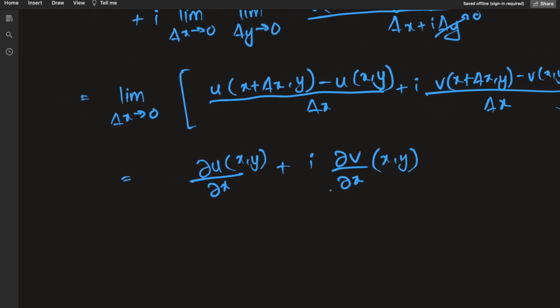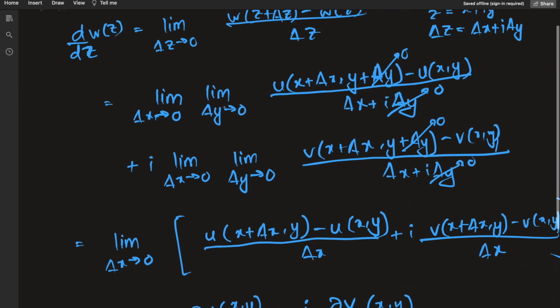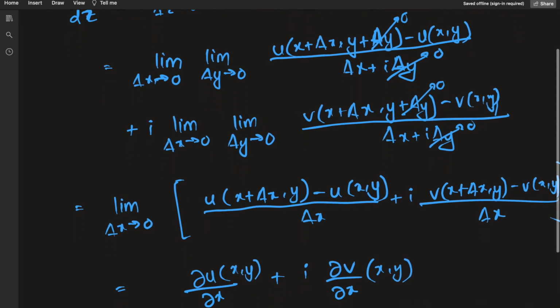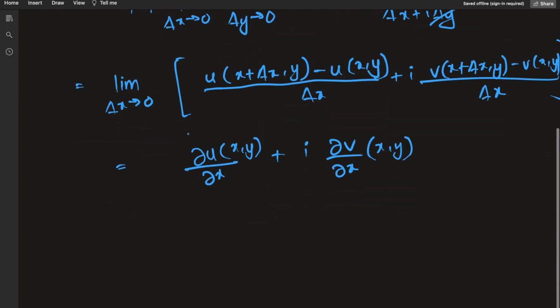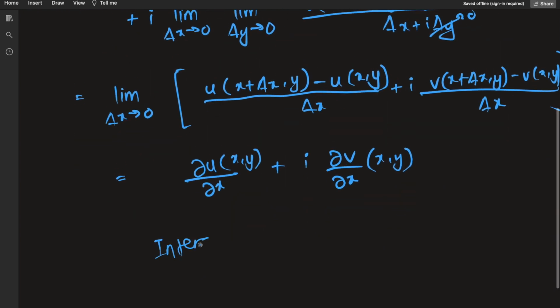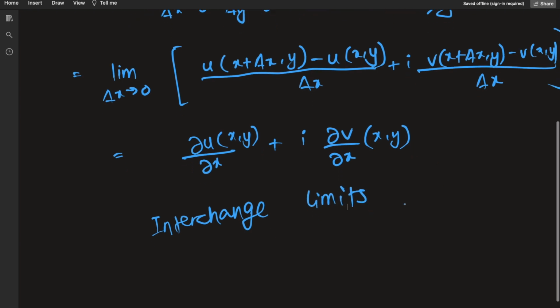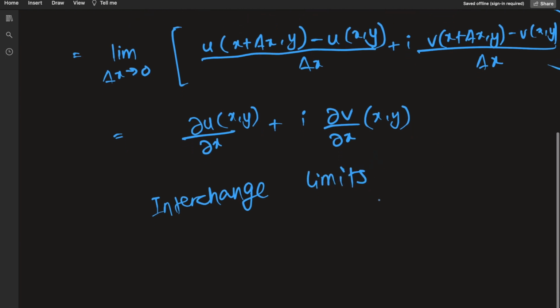And that's pretty much what you get when you evaluate the delta y limit first. Now what if we evaluated the delta x limit first, and we can interchange limits, because the functions are continuous.